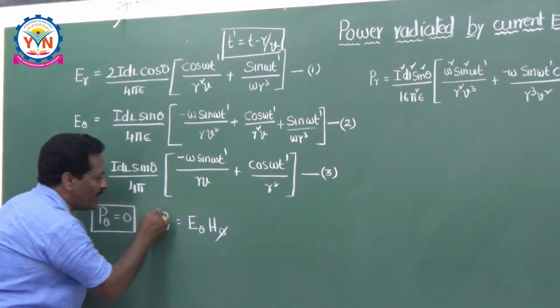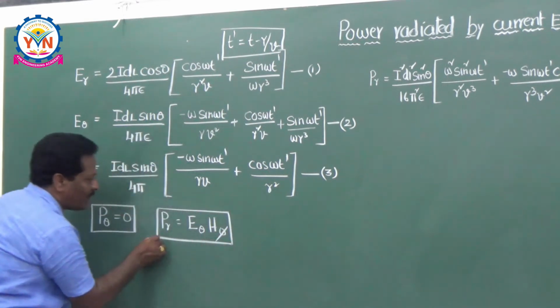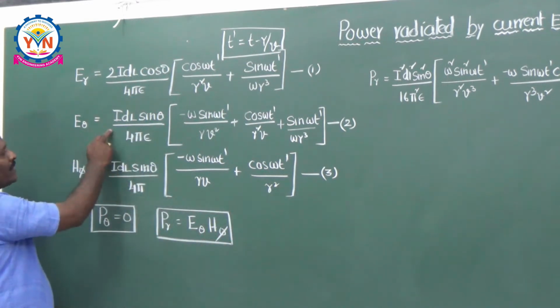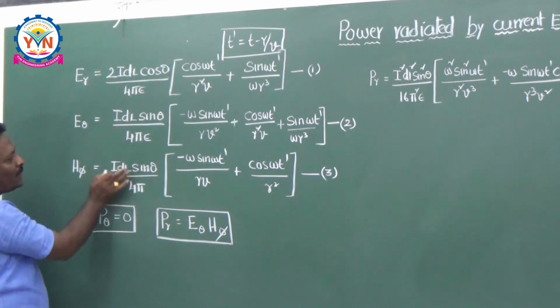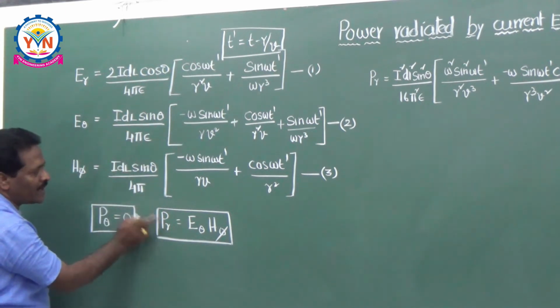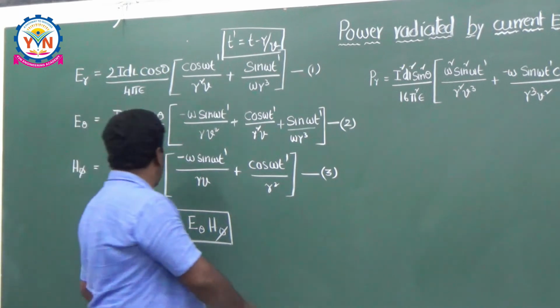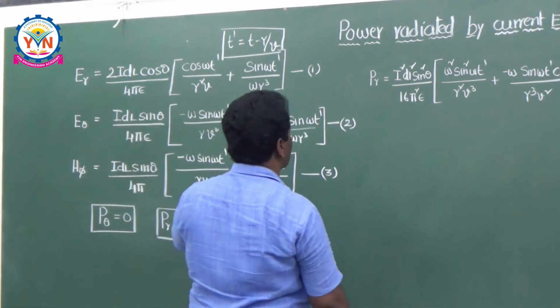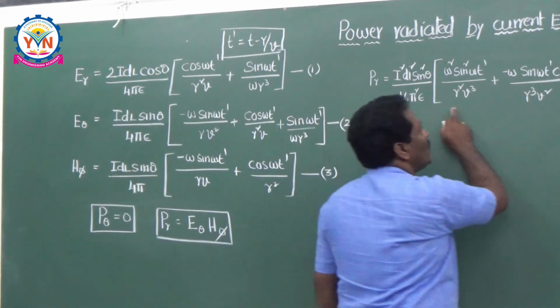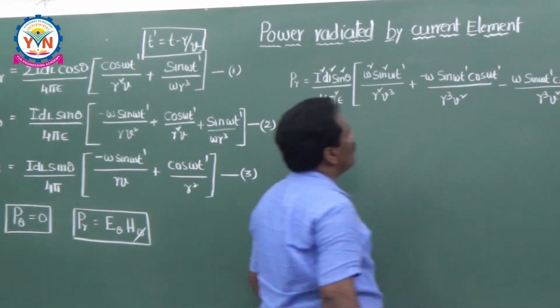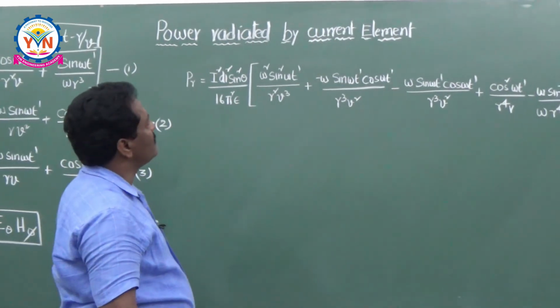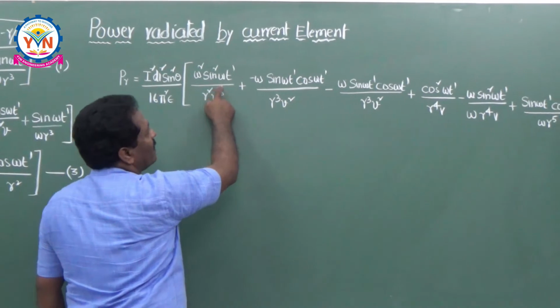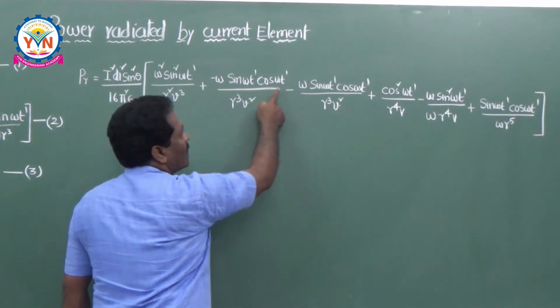The expressions for E theta and H phi are readily available. So second and third equation, just multiply them to get the power in the radial direction. If you multiply these two, second equation and third equation, then you are going to get it like this. If you see this equation, you are always getting sin square theta, sin 2 theta or cos 2 theta.